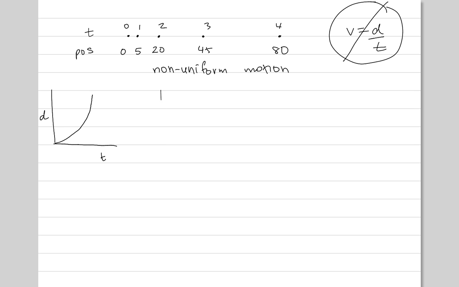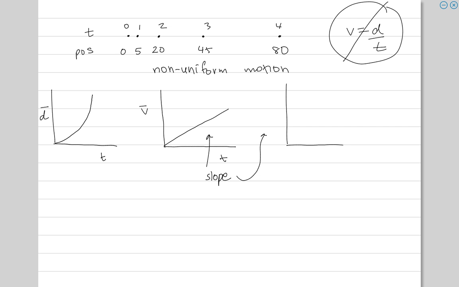And now the velocity time graph for this would do this. Here's the velocity time graph. Okay, and if we did the slope on the VT graph, we could calculate the acceleration.